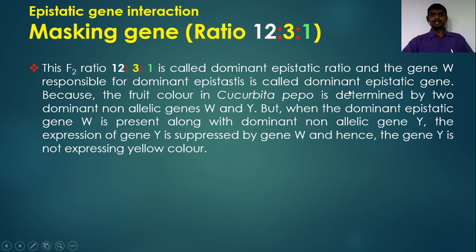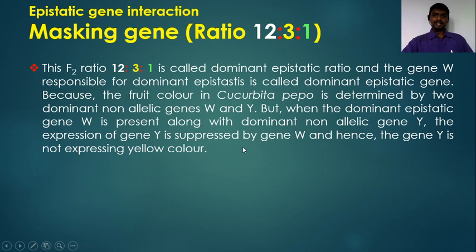If it is dominant, then it masks the phenotypic expression of the other gene, that is the capital Y. Because the fruit color in Cucurbita pepo is determined by two dominant non-allelic genes W and Y. But when the dominant epistatic gene W is present along with the dominant non-allelic gene Y, the expression of gene Y is suppressed by the gene W, and hence the gene Y is not expressing itself, meaning it is not able to produce the yellow color because of the dominant W gene present in the individual along with the dominant non-allelic gene Y. So this is the case of dominant epistasis.